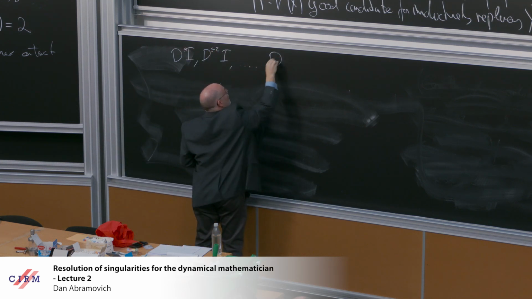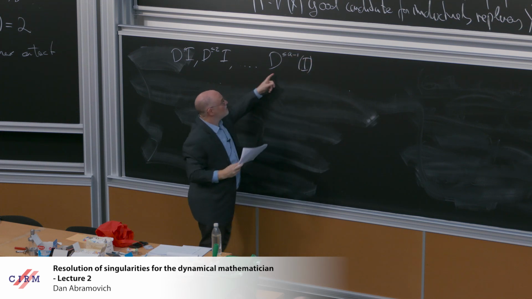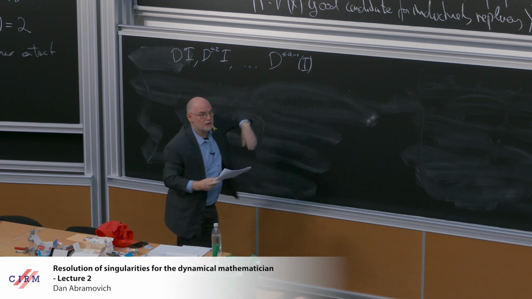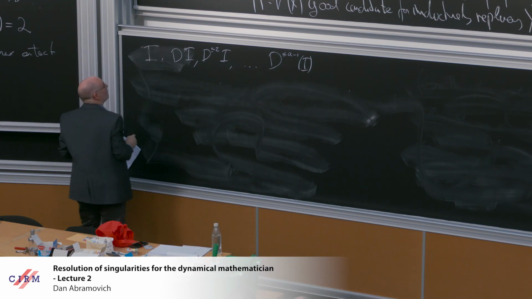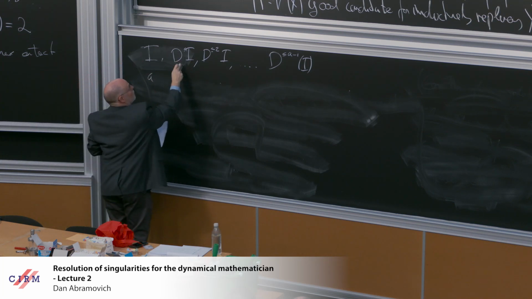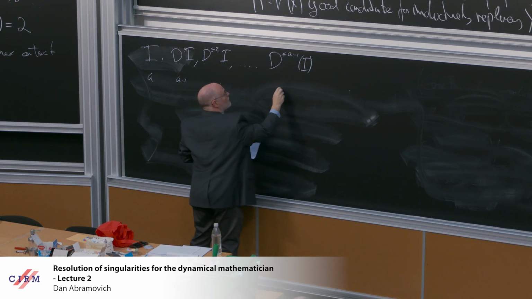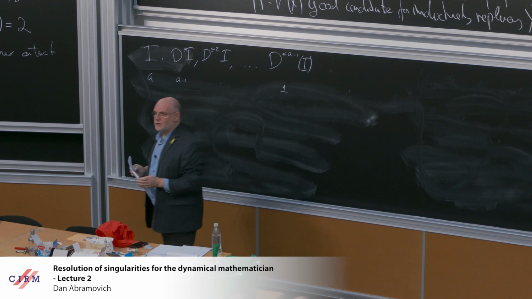And I'm interested, the next derivative is going to be the unit ideal at the point P I'm looking at. So I also have the ideal itself. The order of vanishing of I is a. The order of vanishing of the first derivative is a minus 1, all the way to the order of vanishing here, which is 1. The order of vanishing of the next one is 0, because it's the unit ideal.